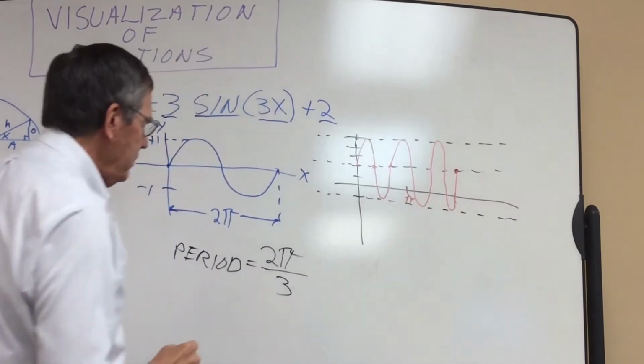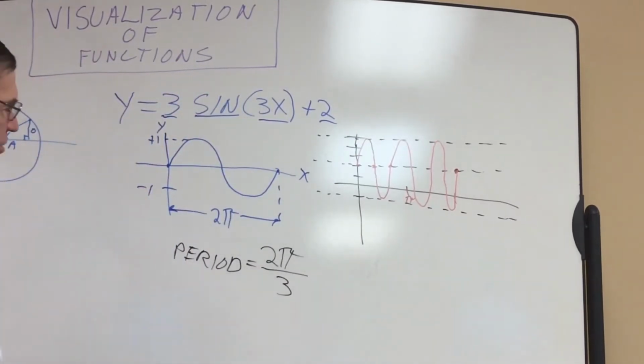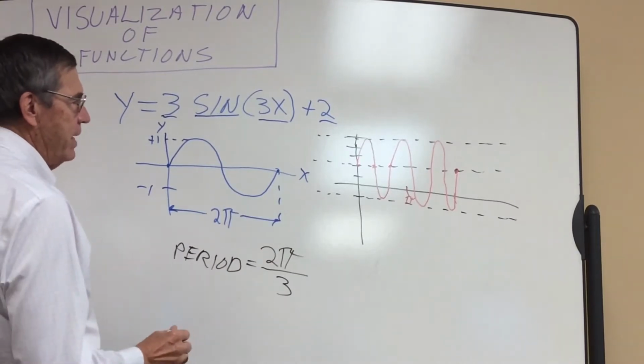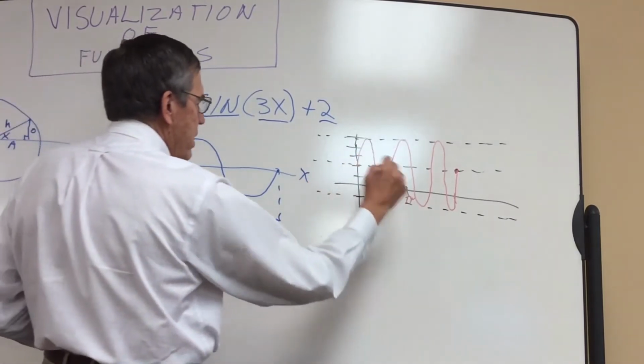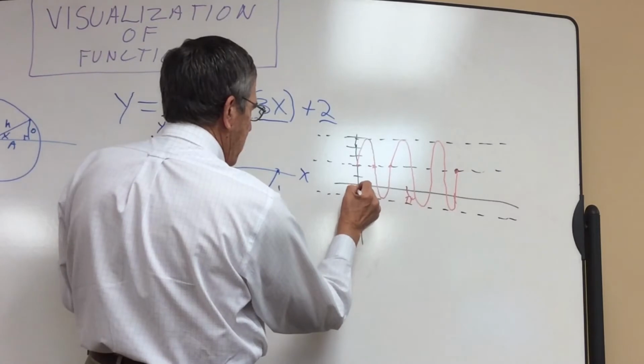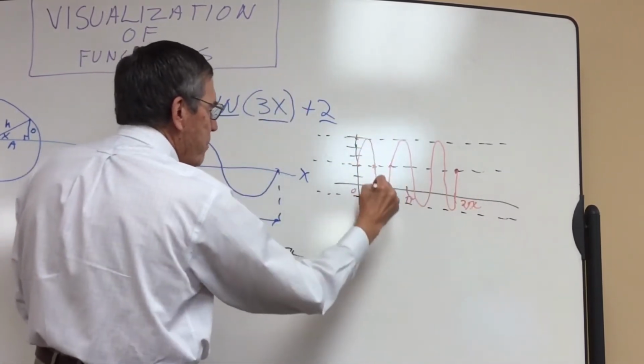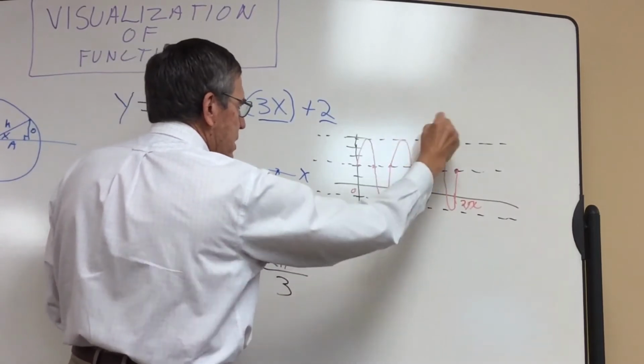Okay? So we will do 3 cycles in 2 pi units. Okay? 2 pi radian units. So if this is 0 and this is 2 pi, we have accomplished 3 complete cycles in that space.